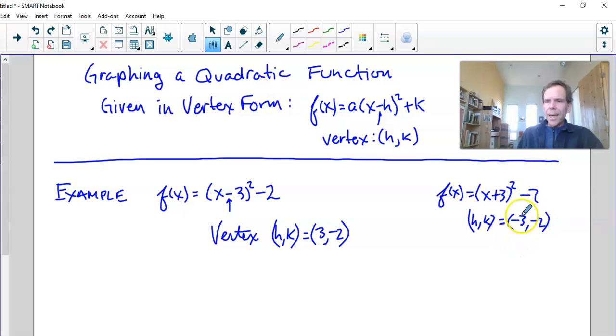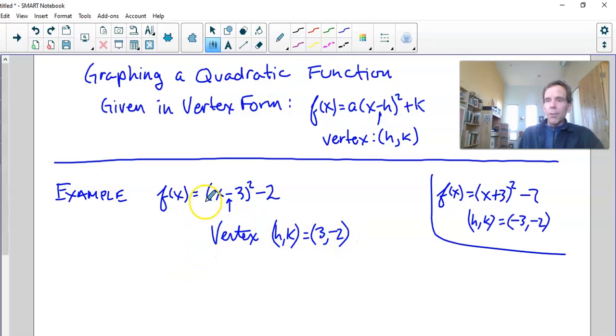So the h is negative here, in this case, when there's a plus. It kind of seems backwards, but that's the way it goes. So positive 3 for h and negative 2 for k is what we have.